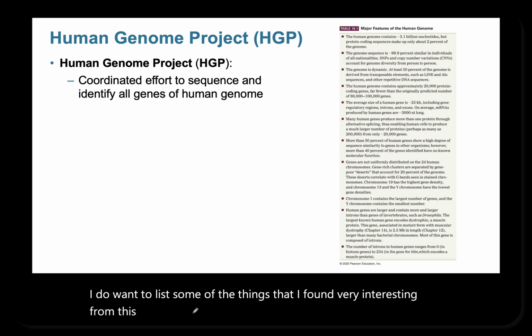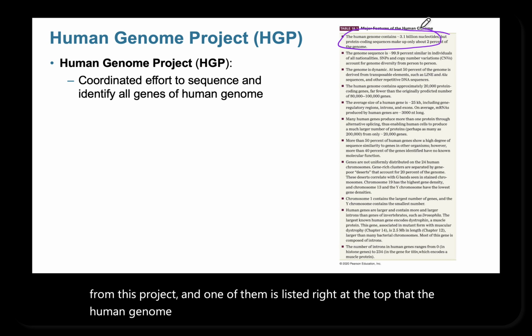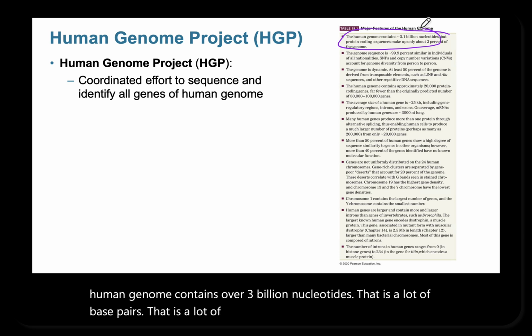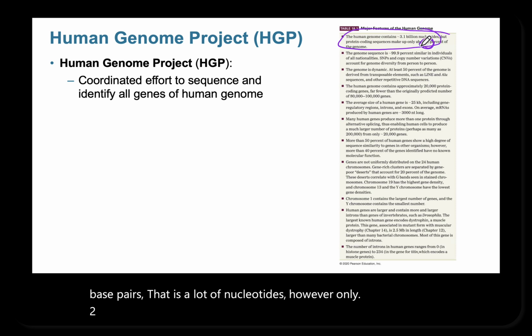I do want to list some of the things that I found very interesting from this project, and one of them is listed right at the top: the human genome contains over 3 billion nucleotides. That is a lot of base pairs. However, only 2% of that entire genome actually makes up protein coding sequence.